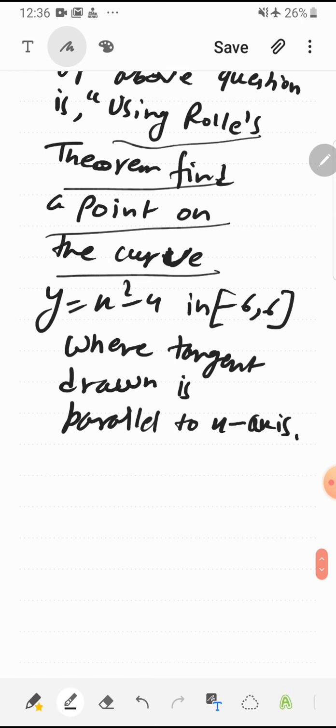So this is also a way in which a question can be asked for the same problem. So we have to do the same steps which we have done earlier.